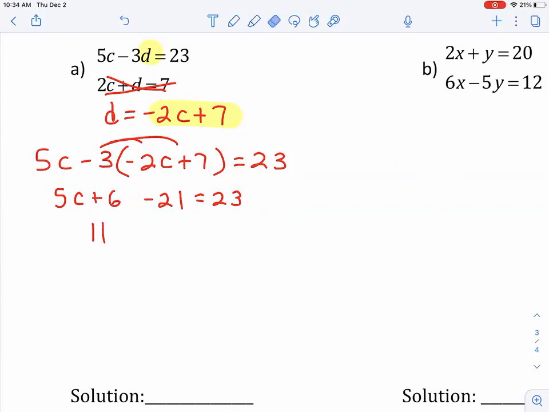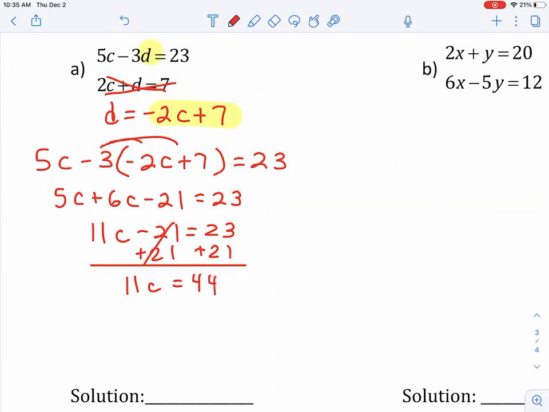That's supposed to be 6c, guys. I'm sorry. But 5c plus 6c equals 11c. And so then I'm going to add 21 to both sides. I have 11c equals 44. So c comes out to be 4.